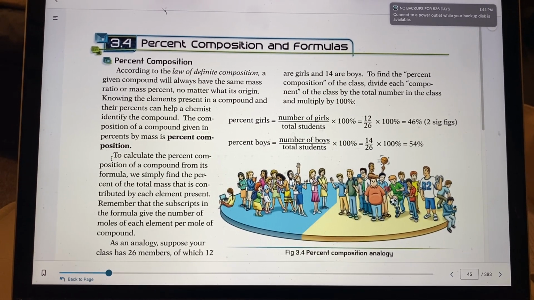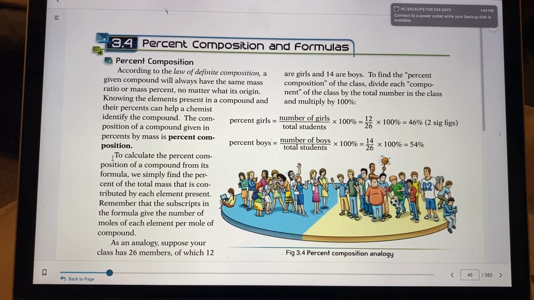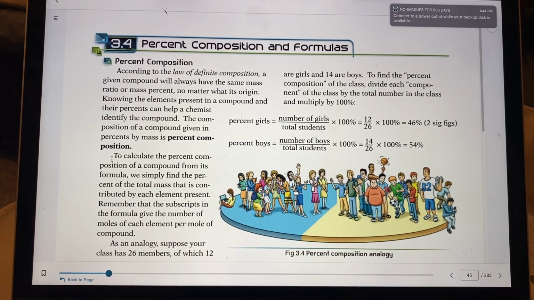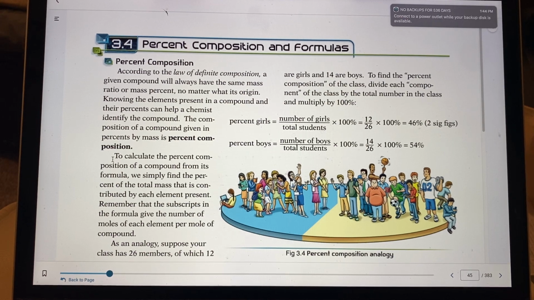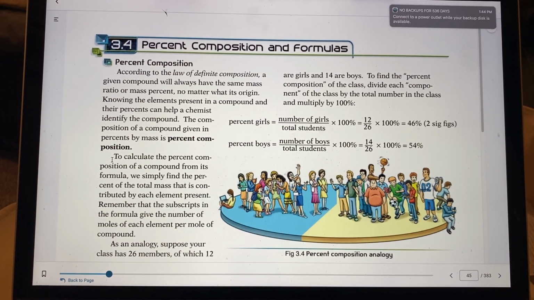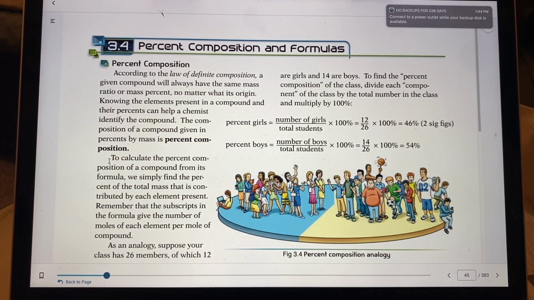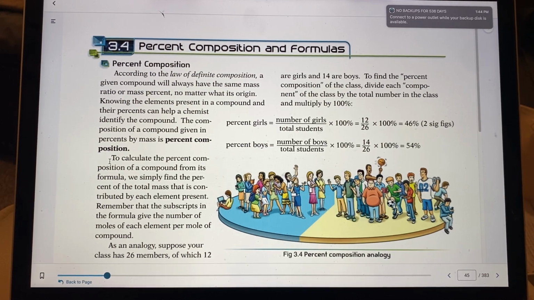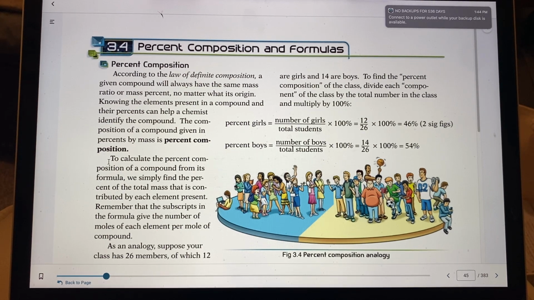So basically what that's saying is that a certain composition is always going to have the same ratio between the different particles in mass. And we'll see that in just a minute when we figure it out. Just remember, if there's carbon and hydrogen and oxygen and they all have different masses, that ratio will always be the same in every molecule of that.